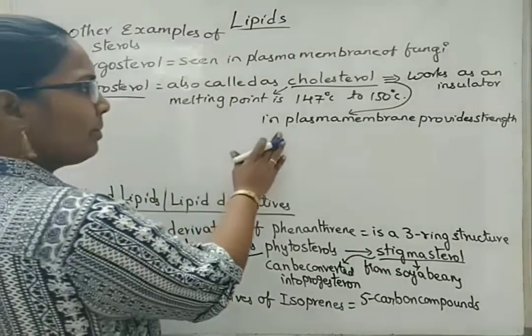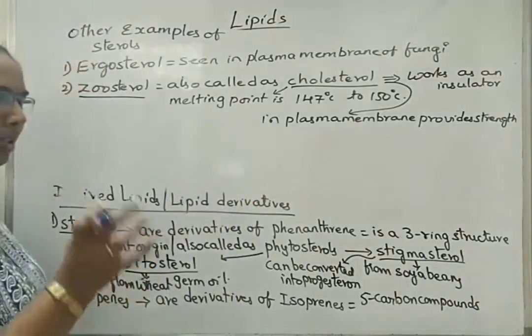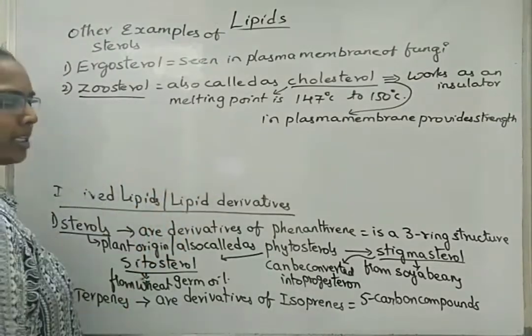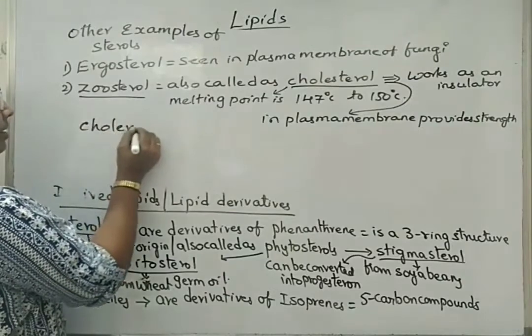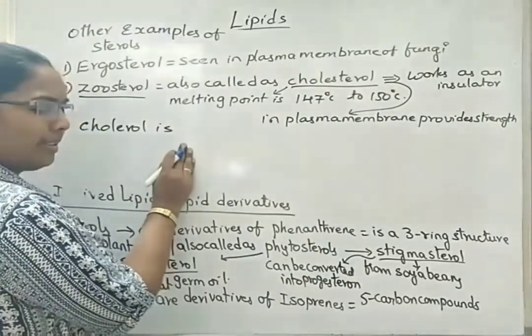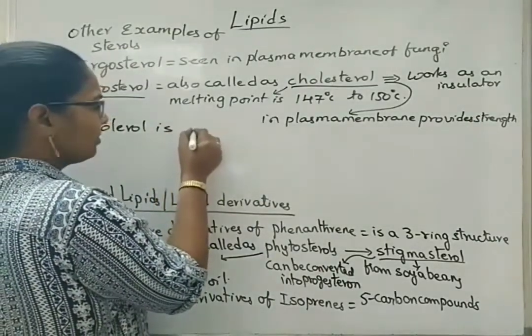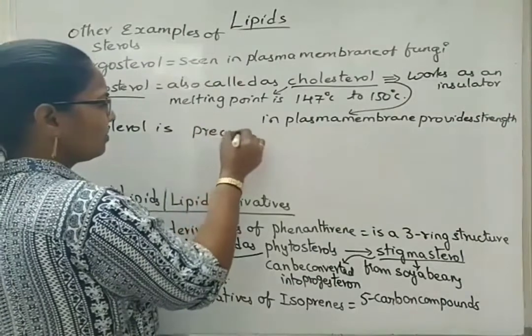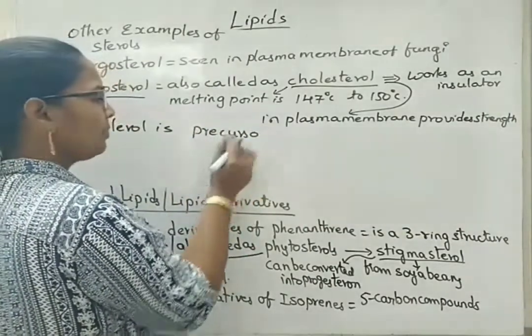In the plasma membrane, cholesterol provides strength to the whole cell. This cholesterol is considered a precursor of vitamin D. Cholesterol is the precursor or raw material required for synthesis of vitamin D.